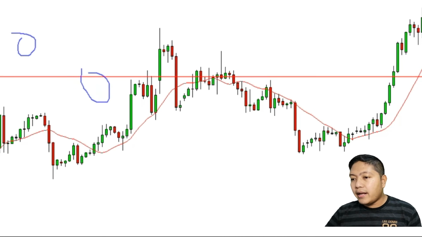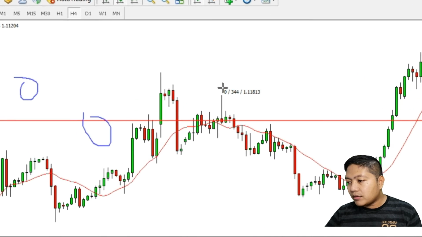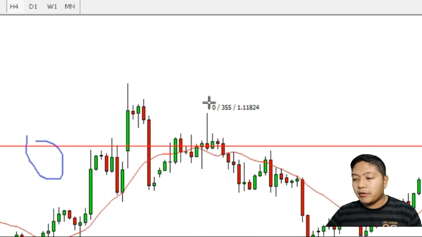And next, with your sell stop, you also have to put your stop loss. Your stop loss is about here, higher than the previous peak. So this is your peak, right? Higher than the previous one by about 34, 35 pips, about 40 pips.